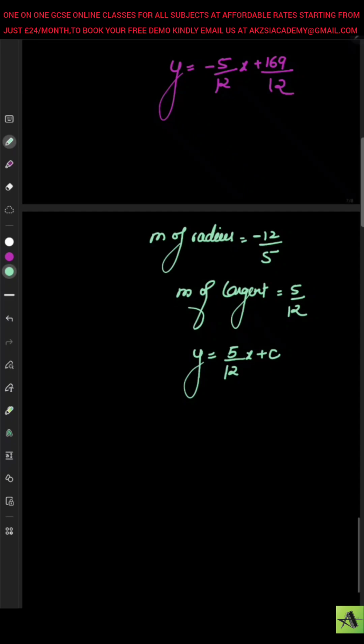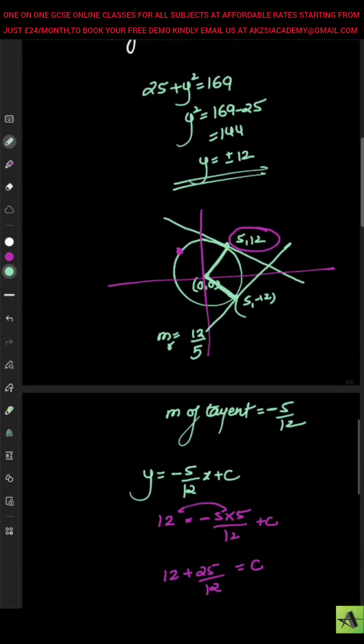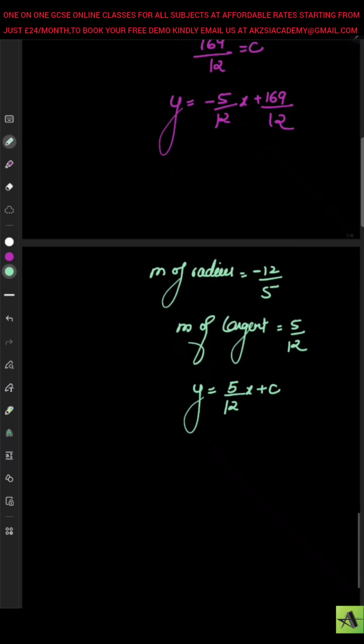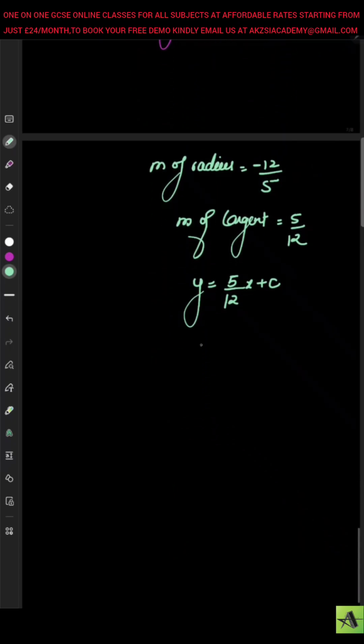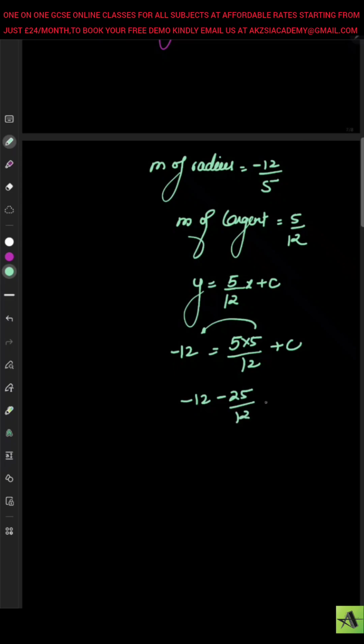And we just need to substitute the values of x and y. x is 5 and y is minus 12, bring it here: minus 12 minus 25 over 12 equals c.